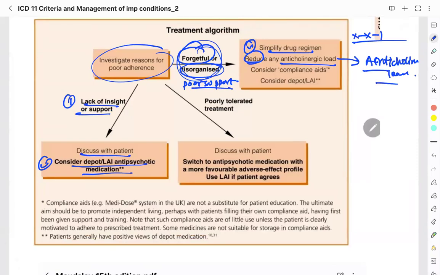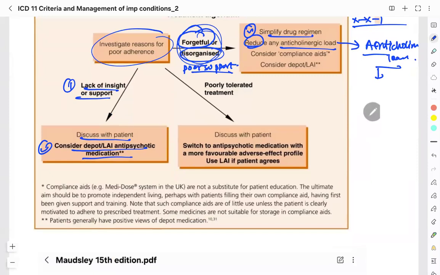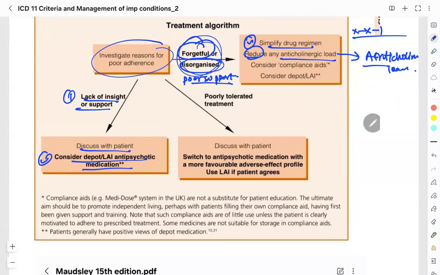Anticholinergics will block, let's say, muscarinic receptors, and acetylcholine is responsible for learning, memory, and attention. So when you are blocking the action, I'll just tell you in this way: we usually give anticholinergics, let's say trihexyphenidyl, when we give antipsychotics.